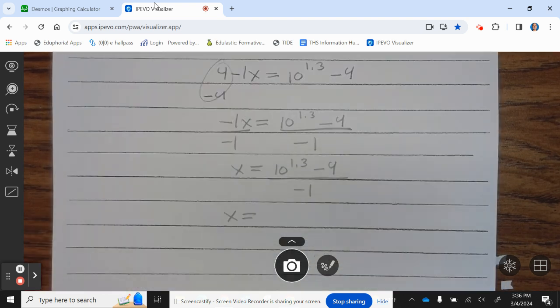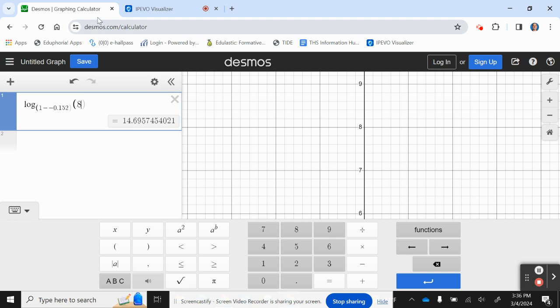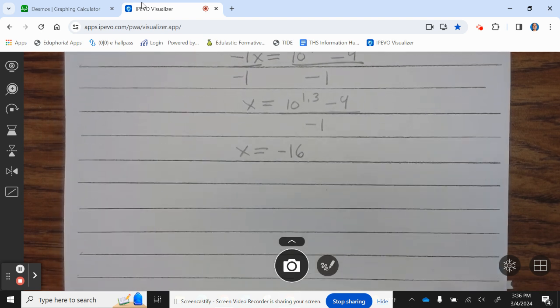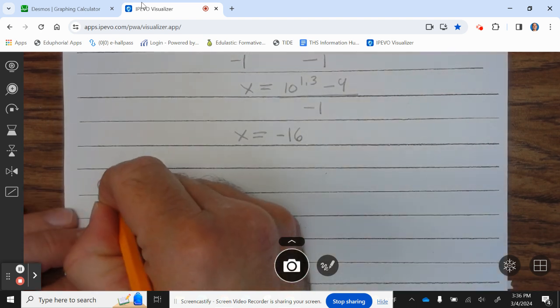All right, let's go ahead and plug that into the calculator. Which, if you round that to one decimal place, rounds to negative 16.0. Okay, so let's go ahead and check.